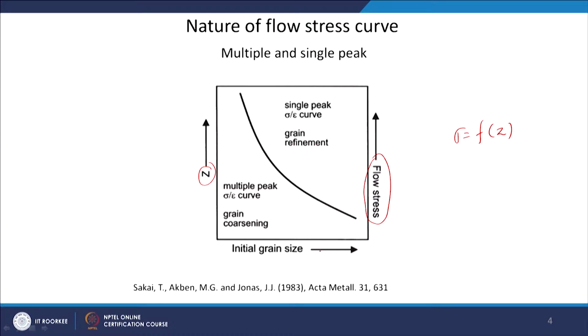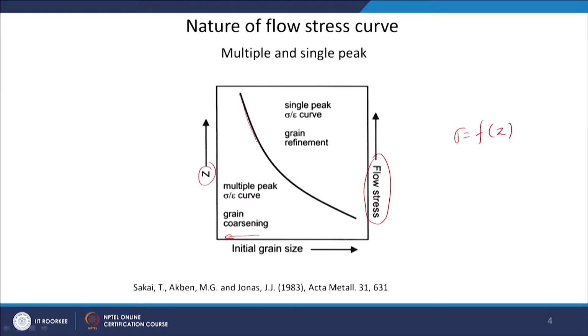If the initial grain size is small, and the stresses are low or high, you will have multiple peaks. So, you can divide these two deformation behaviors into two regimes using the idea of flow stress and grain size. And this is your demarcation line. Above this you will have a single peak curve, below this you will have a multiple peak curve.